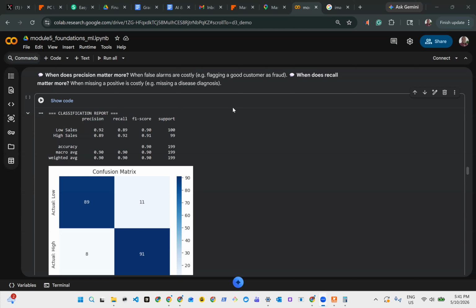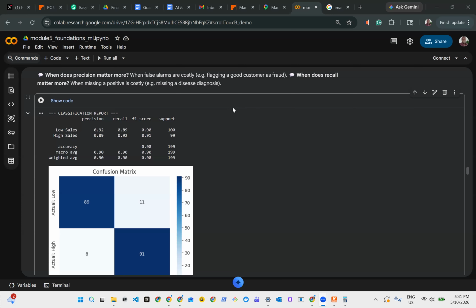If your model is not catching some specific positive value and it matters to you, then you have to use recall. Recall will help in this scenario. For example, you're missing a disease diagnosis.